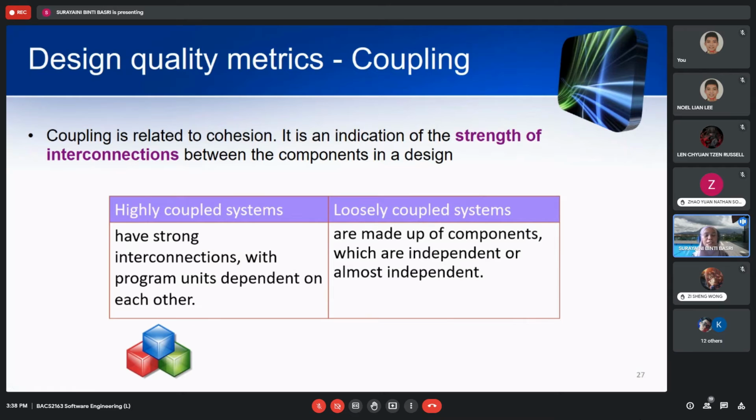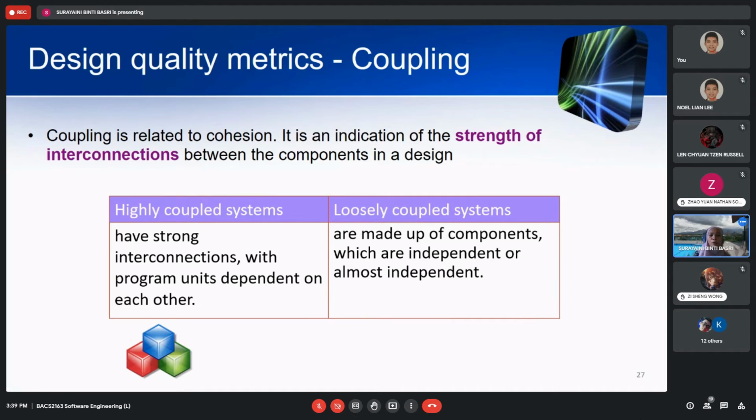For example, in the student portal, you have a subsystem, like I said just now, course registration, and after that, you have a reporting subsystem.